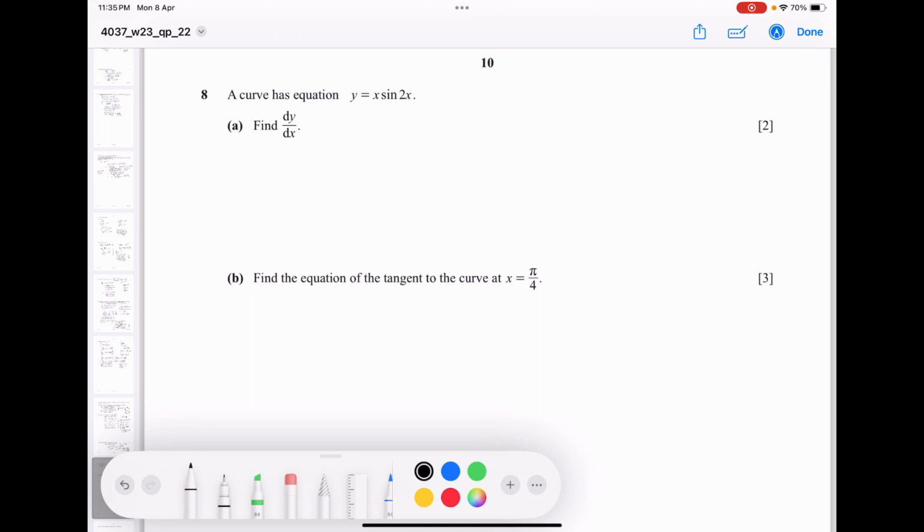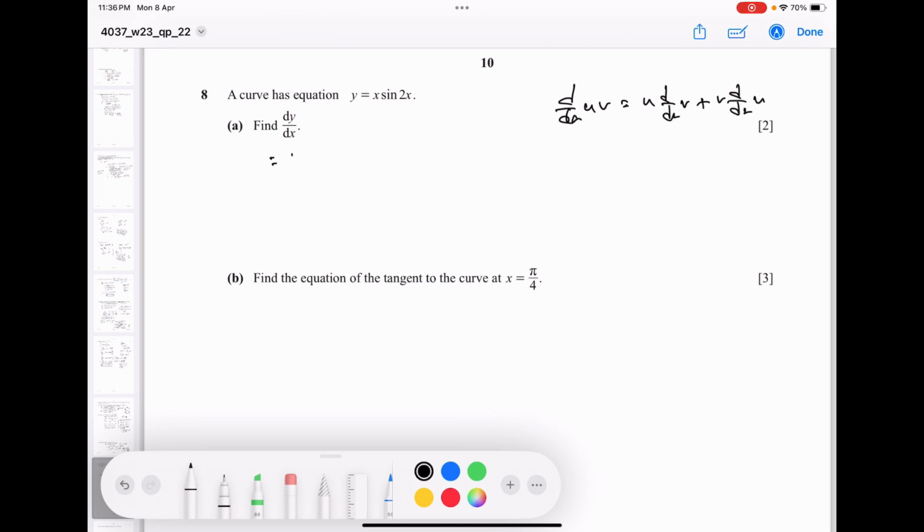Let us try question number 8. In this question, it is x multiplied by sine 2x. So this is the product form. d/dx of uv equals u d/dx of v plus v d/dx of u. We can apply this formula here.